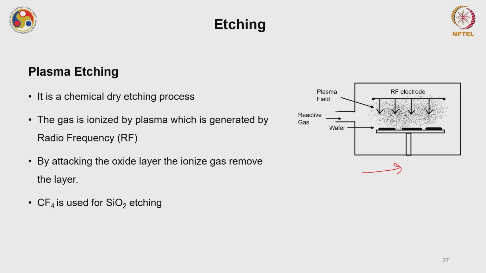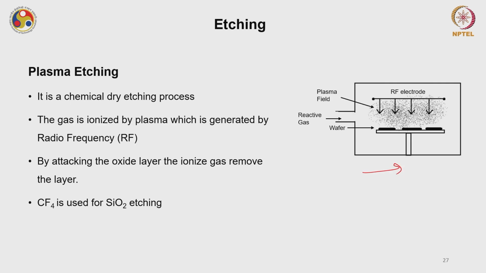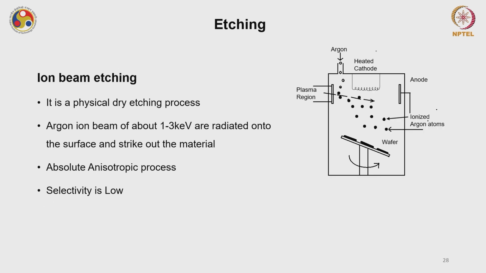By attacking the oxide layer, the ionized gases remove the layer. Mostly CF4 is used for SiO2, silicon oxide, etching by the plasma etching process. However, nowadays this plasma etching is mostly not used. You have other advanced etching processes available.